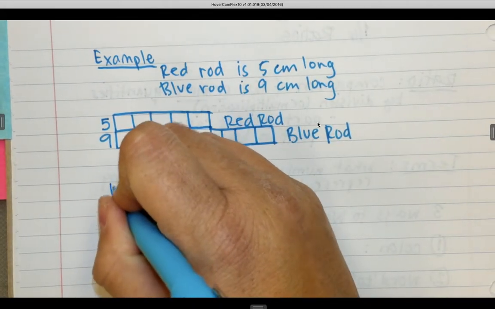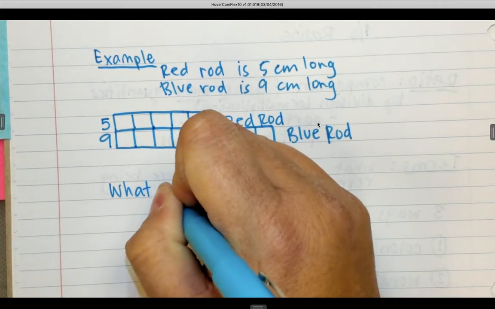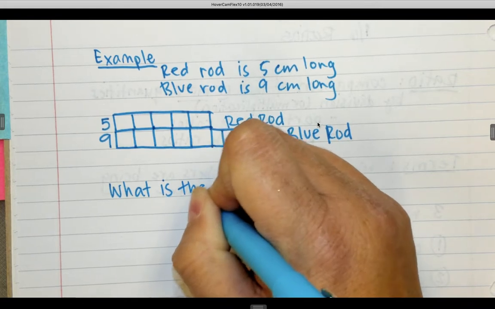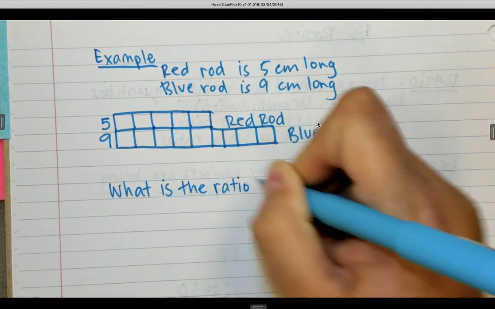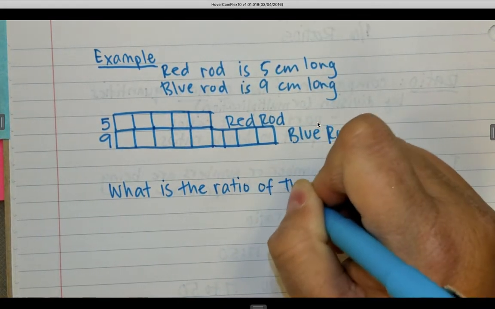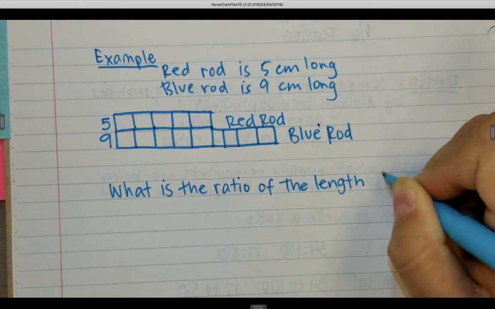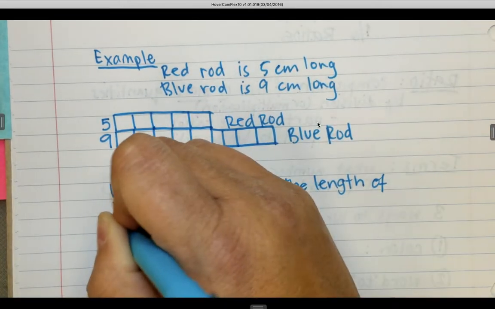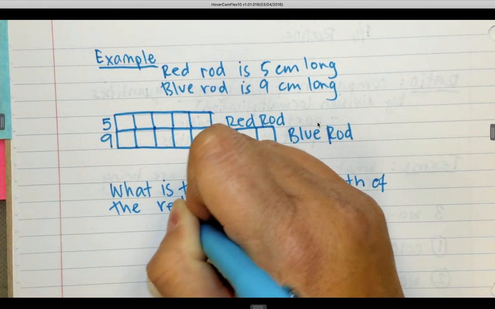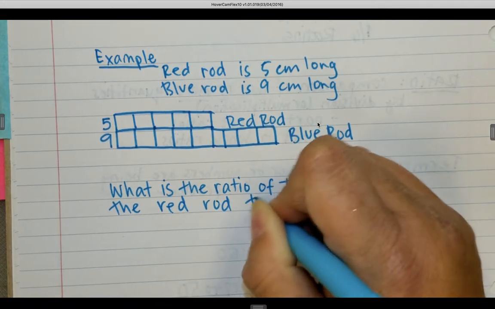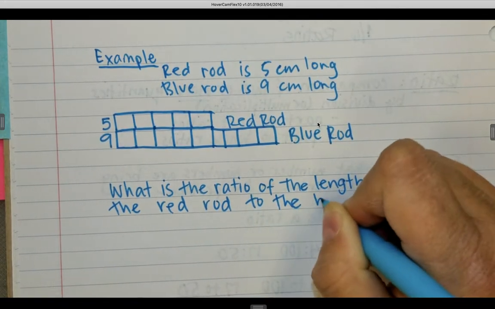So the question is, what is the ratio of the length of the red rod to the blue rod?